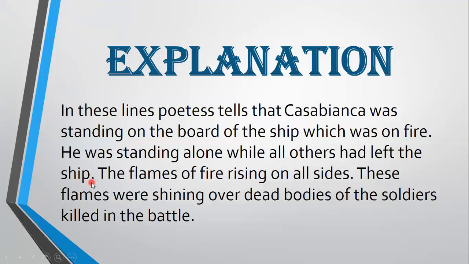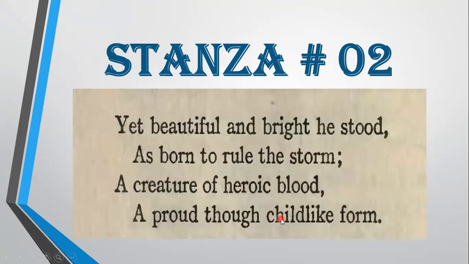But Casabianca was so committed, so brave, that he was not going to leave his place because he did not want to disobey his father. He wanted to follow the instructions of his father. That is why he was standing alone on the burning deck of the ship.